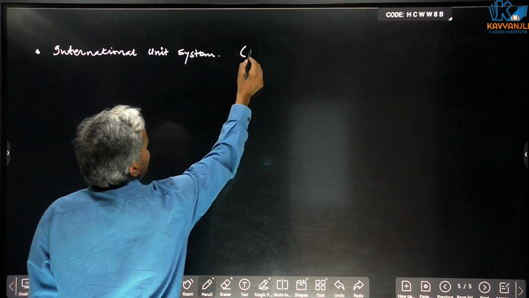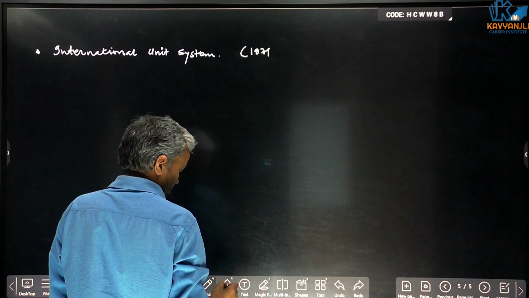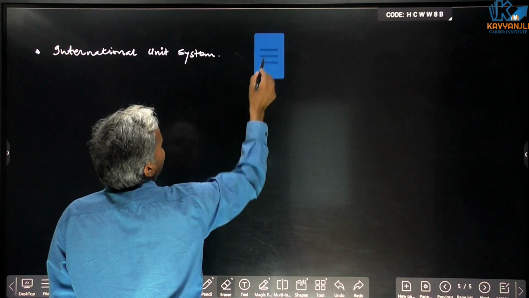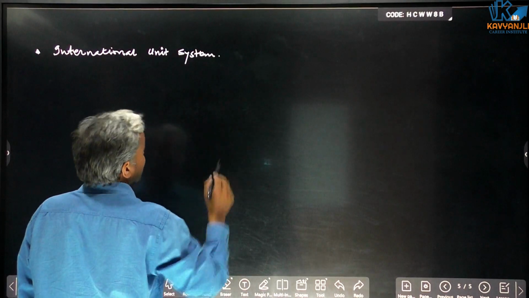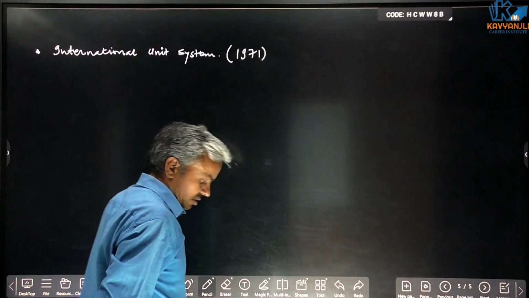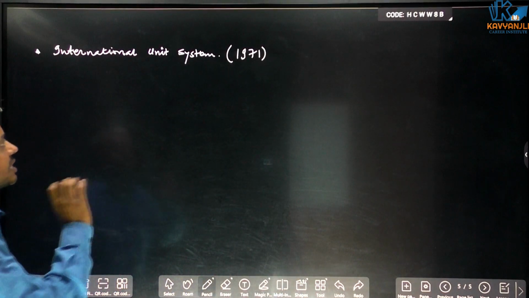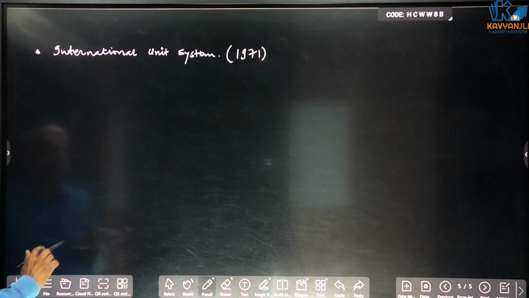So in 1971, in Paris, they sat together and decided that we will use certain units for the physical quantities.